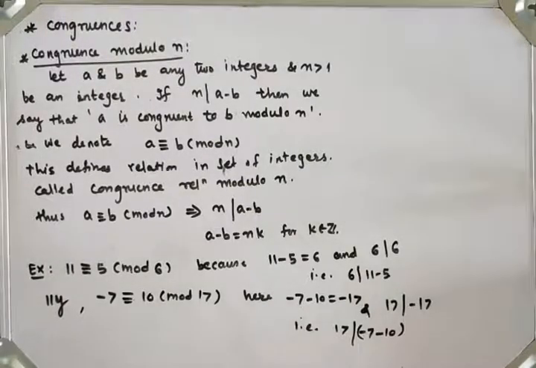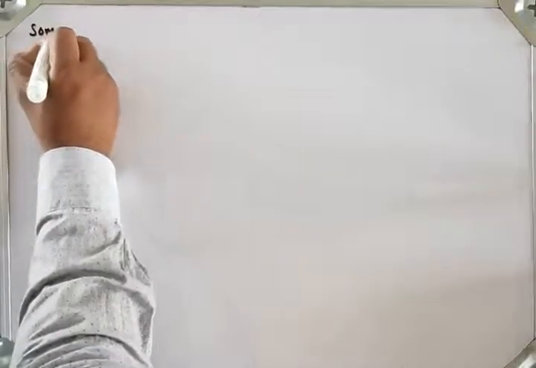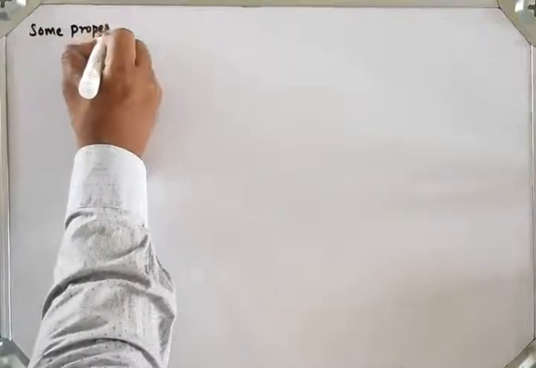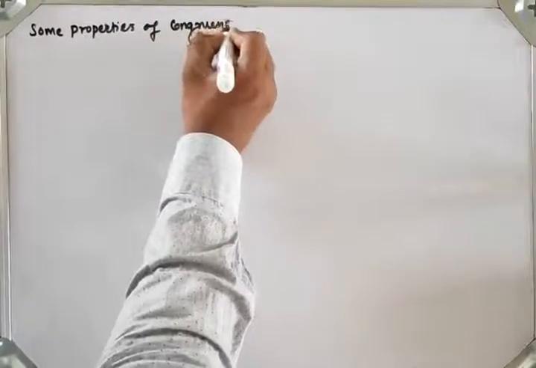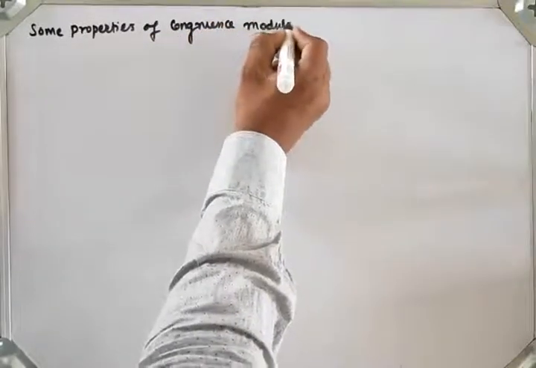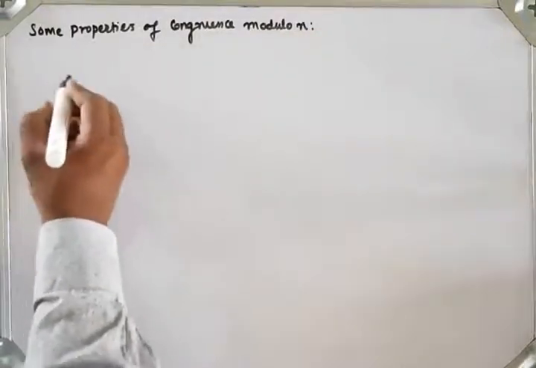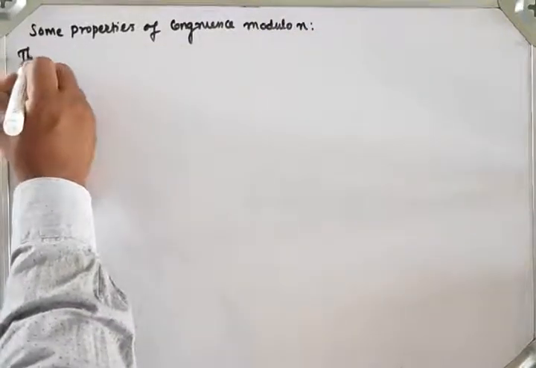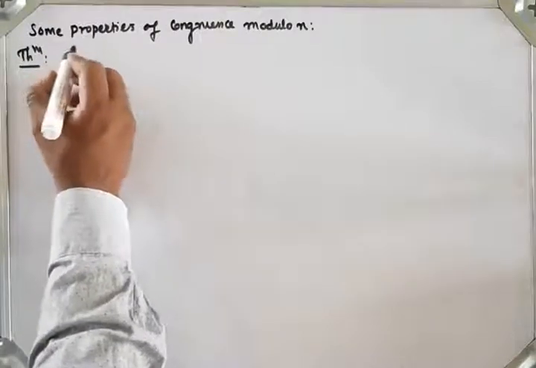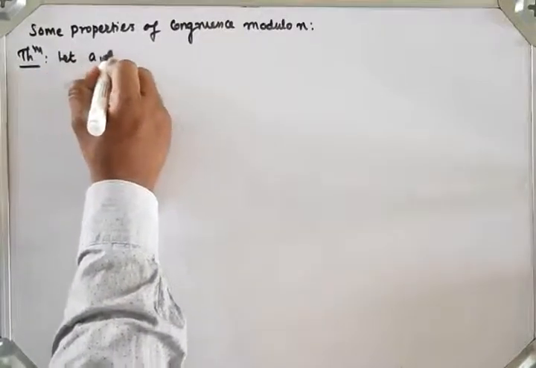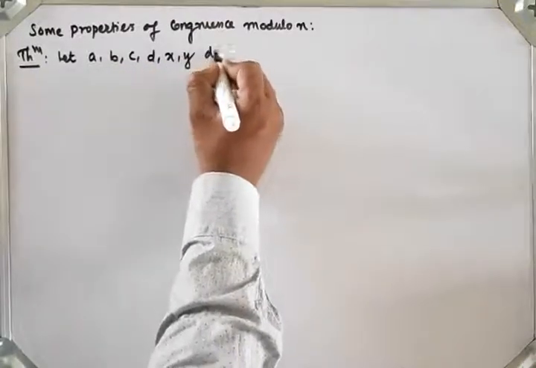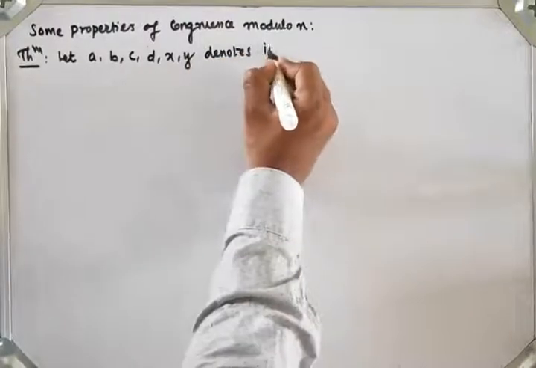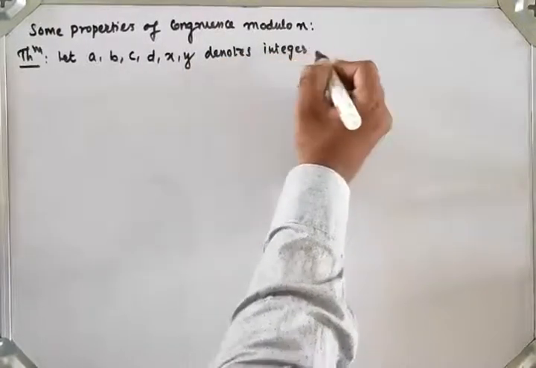So let us see some properties of congruence modulo n. Theorem statement: let a, b, c, d, x, y denote integers.